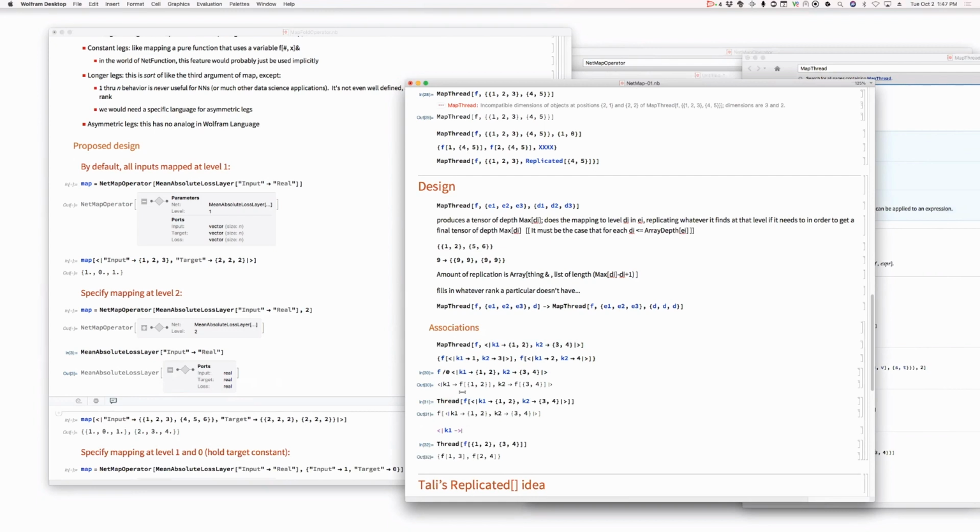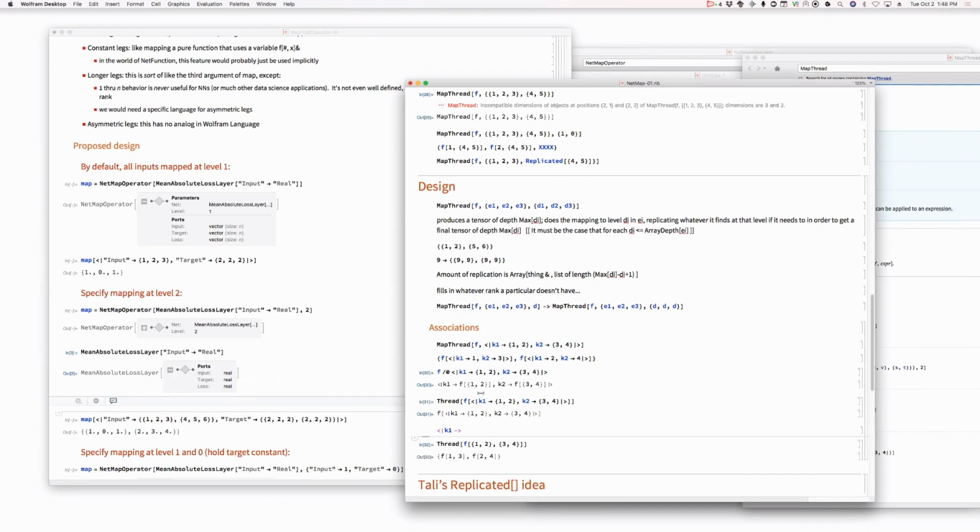Okay, let's look at this case here. What is the right thing? So the thread of this: the thing is that thread fundamentally wants to match different arguments of the F. But with the association, you've only got one argument, which is the association.